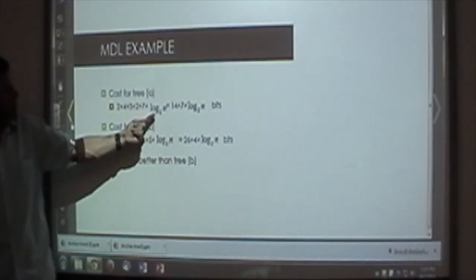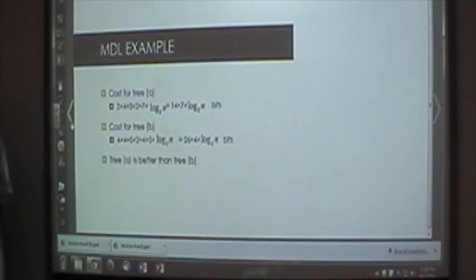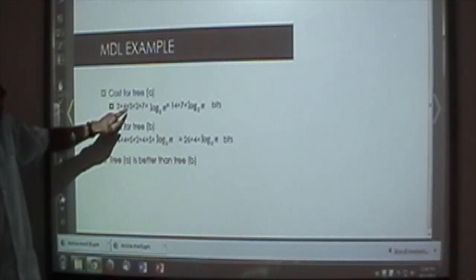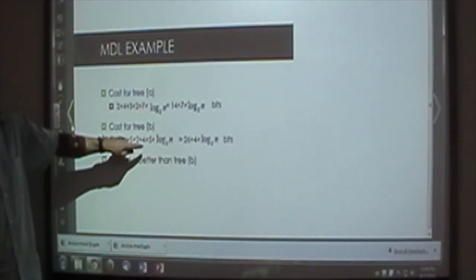And then 7 times log base 2 of n, where n is the total number of training instances. Where does that 7 come from? That's the number of errors, right? So 2 times 4 plus 3 times 2 plus 7 times log n, here's the 7 errors, and 4 errors down below.